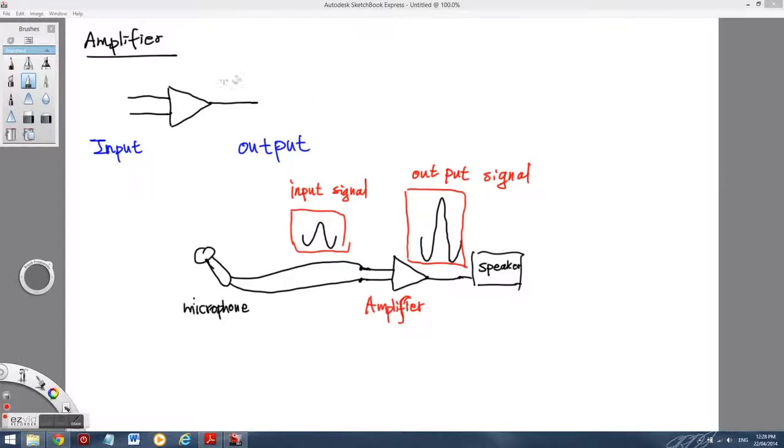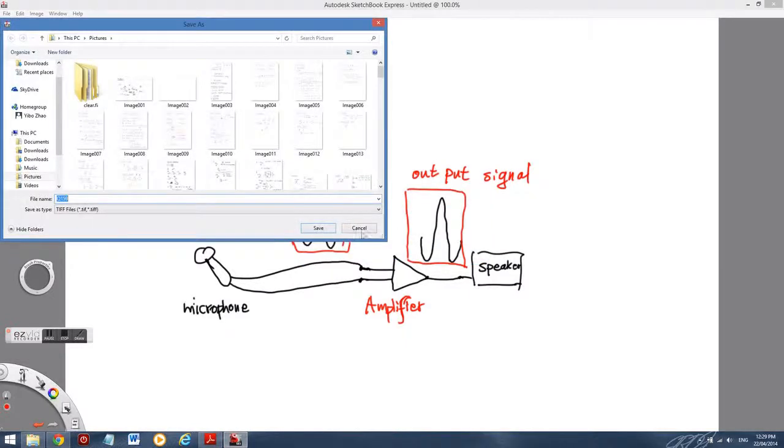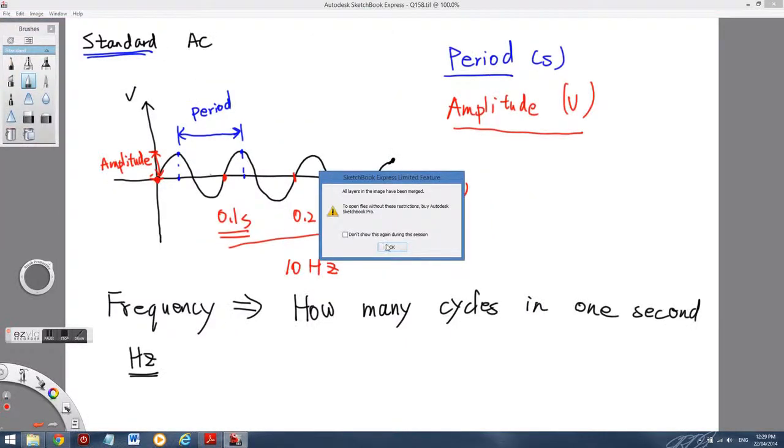The important thing of this is the amplifier only amplifies the amplitude of the AC signal. Now, it does say it only amplifies the amplitude. If you have a look at the AC signal, we talked about it before.